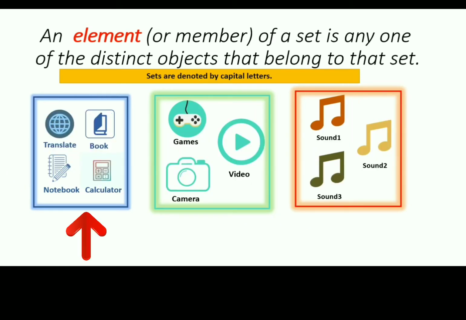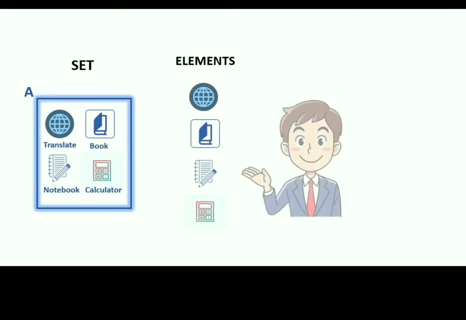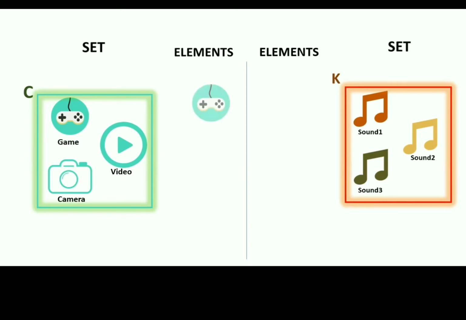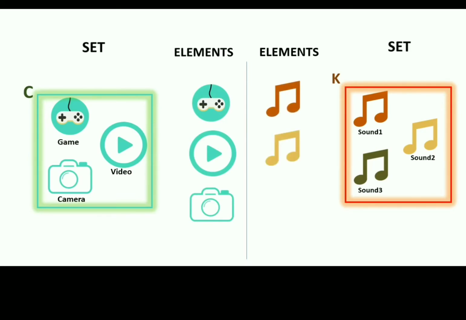Let's denote this set as A, this set as C, and this set as K. Let's analyze their elements. The elements of set A are translate, book, notebook, and calculator. Similarly, the elements of set C are game, video, and camera. And elements of set K are sound 1, sound 2, and sound 3.